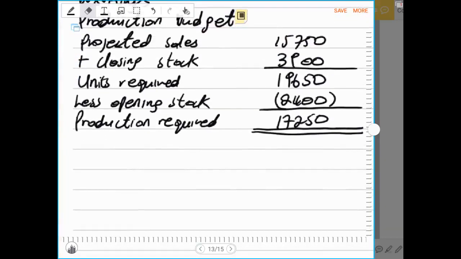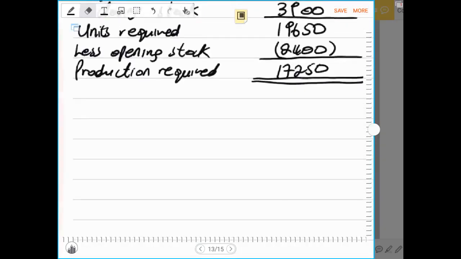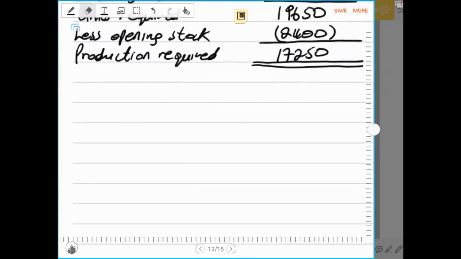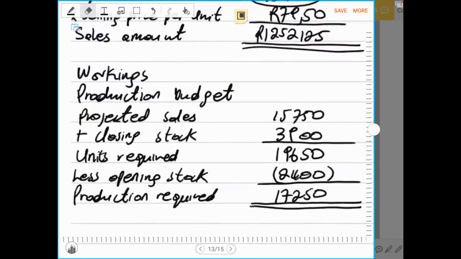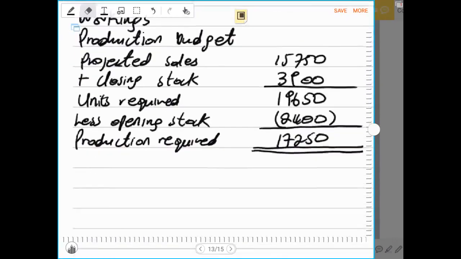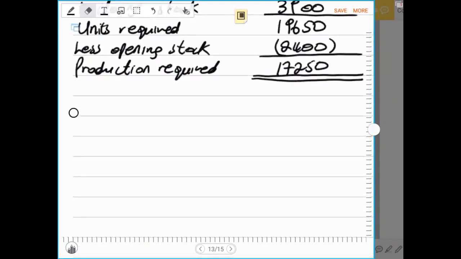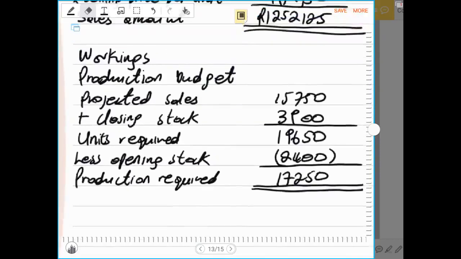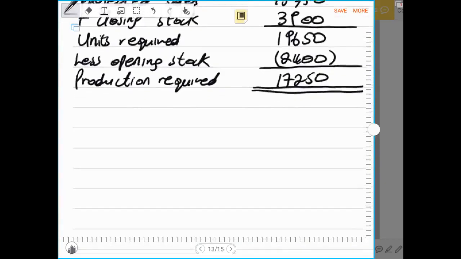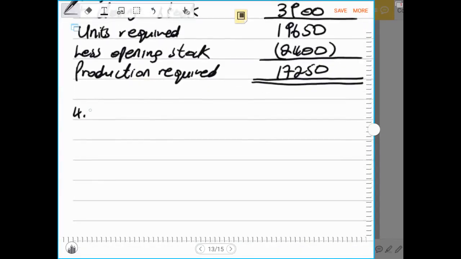So now from here we can do the material usage budget, and that was 4.4.2 material usage budget.